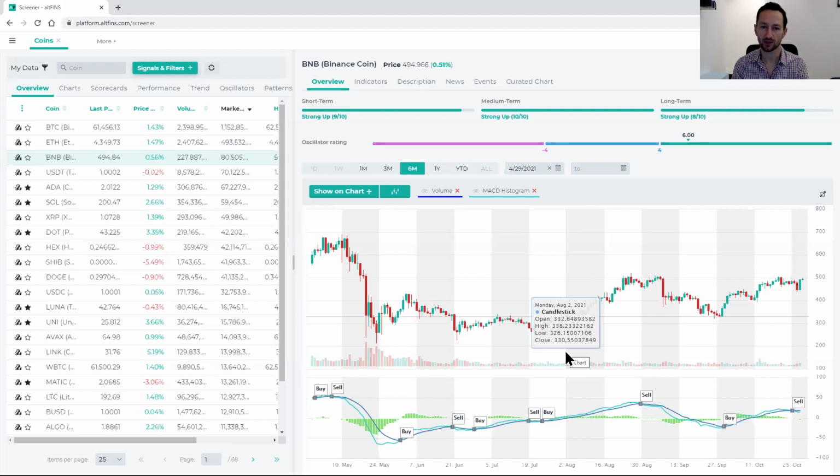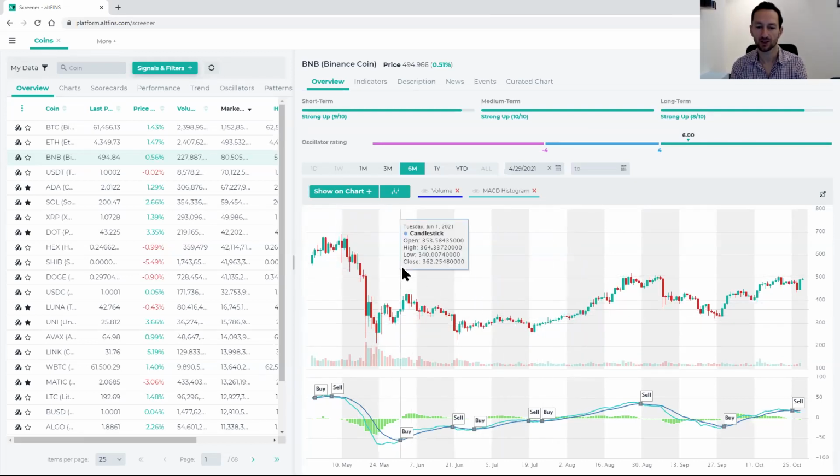Increasing the success rate is certainly trading with the trend, which in this phase from May to August, I'd say Binance was in a downtrend. So we probably would have been out of the market in this area and not really utilize the MACD signals because we're in a down market, first of all.